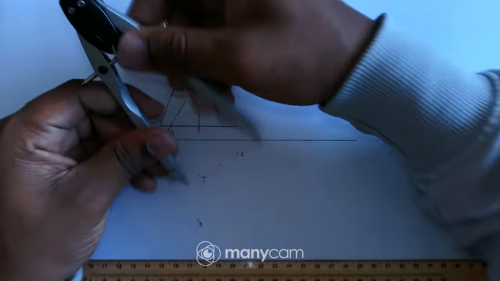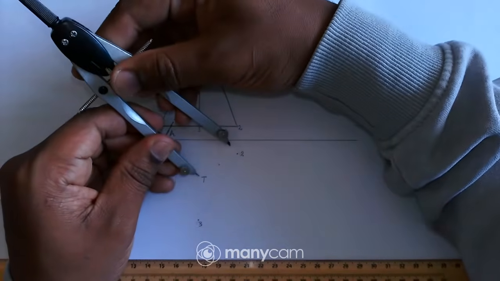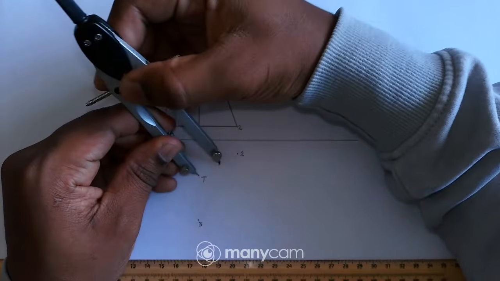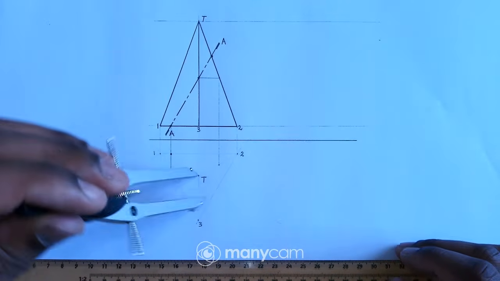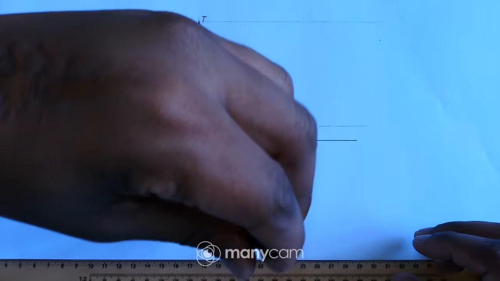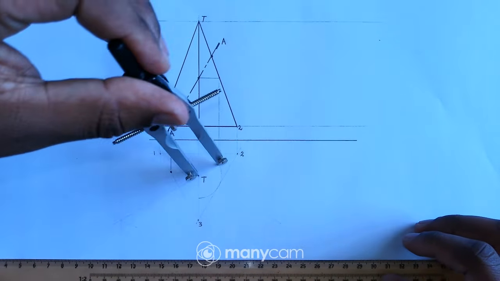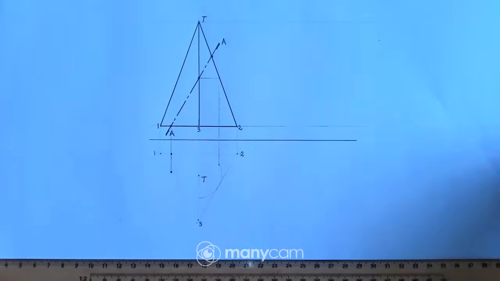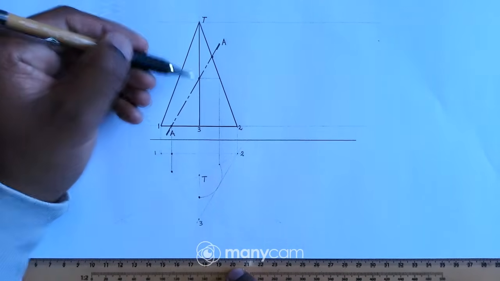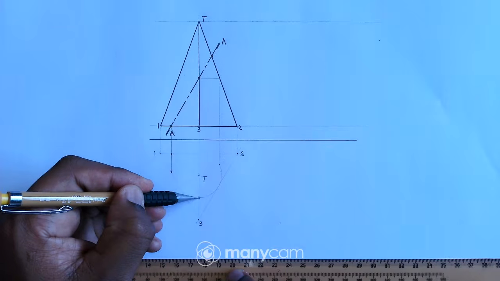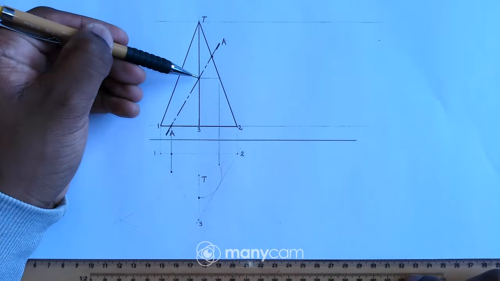A compass. So I'll put my compass at point T to that point there, and then I project this point to line T3, just like that. So this is our point on line T3. So this point is right there, right?